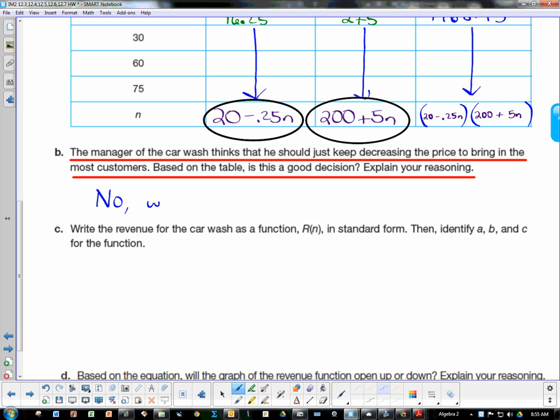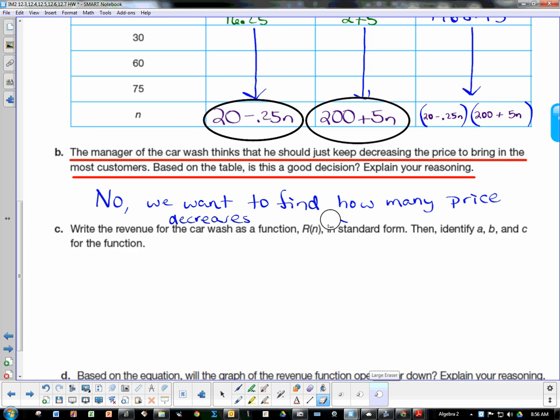We want to find how many price decreases yield a maximum revenue. And we're going to do that probably in a few moments.